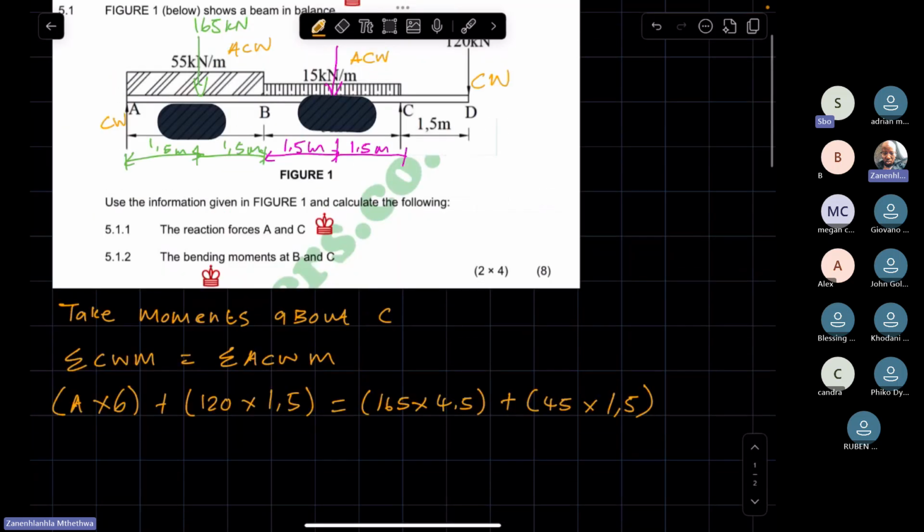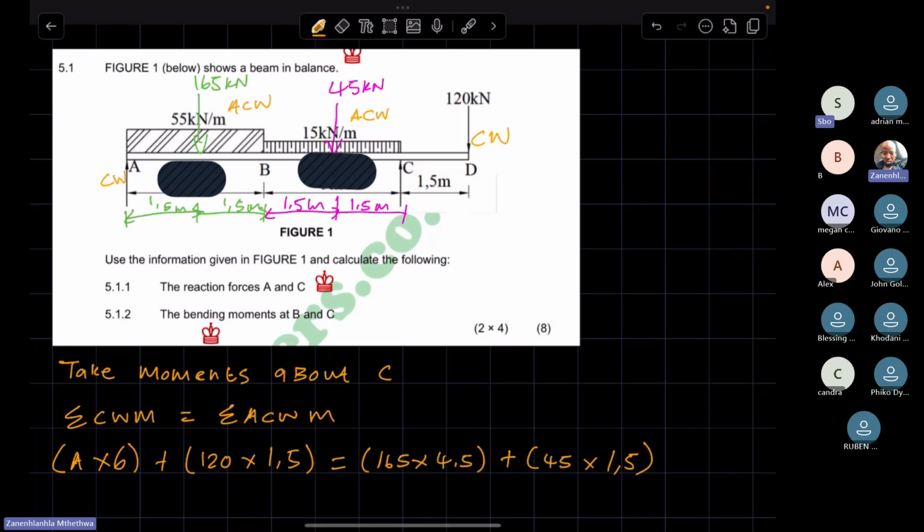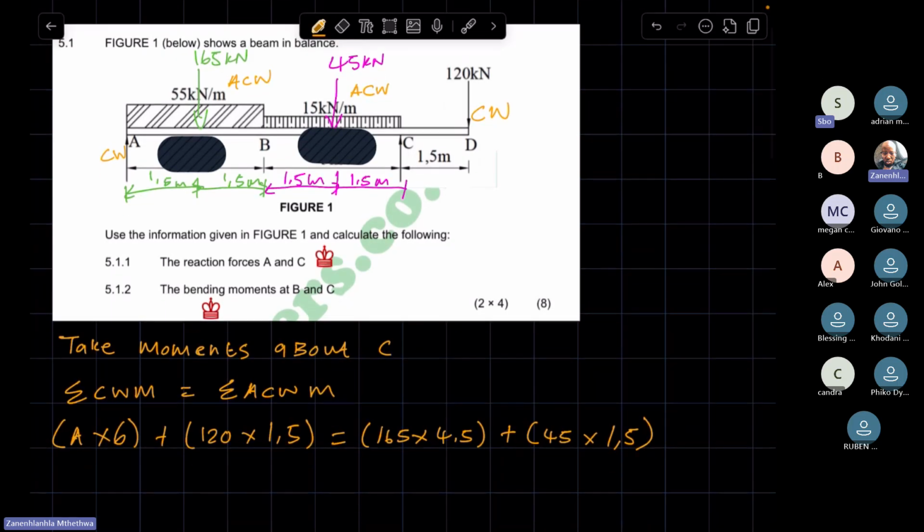Sorry, sir, a quick question. In this case, we got the UDL and then we had to resolve it to its weight, and then we got the load from the UDL. In a case whereby you were given just the load, a straight load, do you actually have the distances as well?